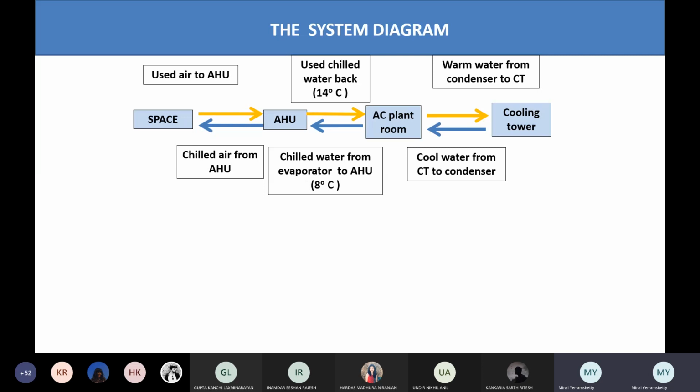Like suppose if I need a hot water system in that building, why will I send that hot water to the cooling tower? Okay, I will send that hot water to my hot water boiler. So already the hot water is coming to the boiler, so the boiler will not have to go and blast its full energy on. It will work on low energy. That's how I save energy.